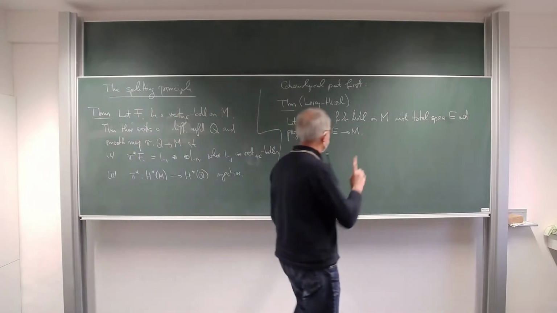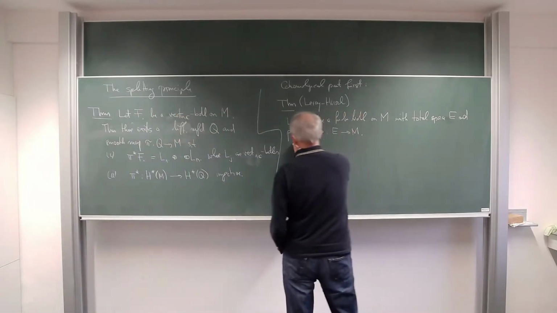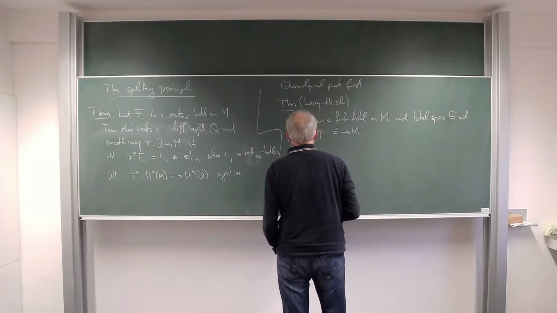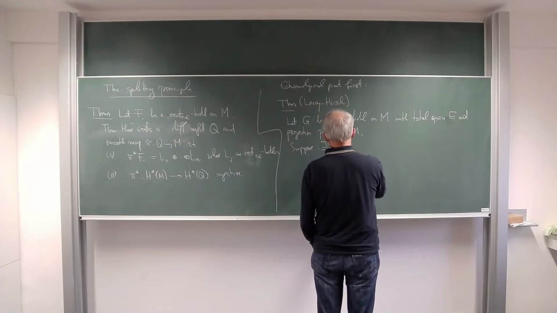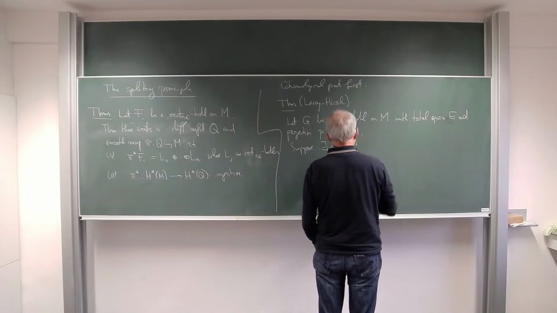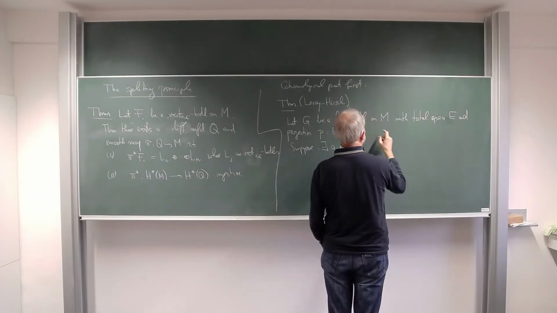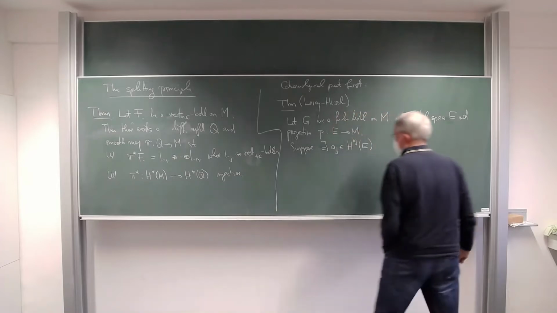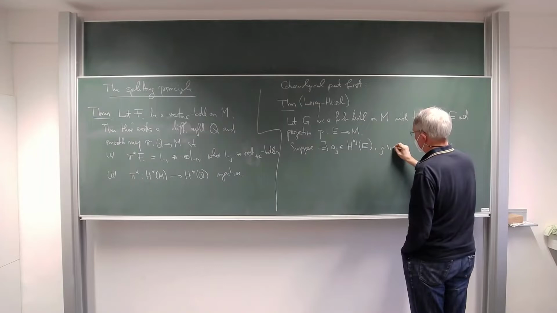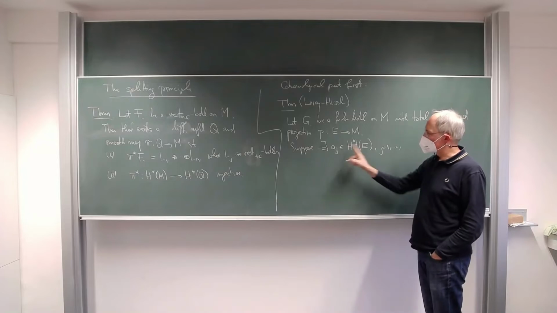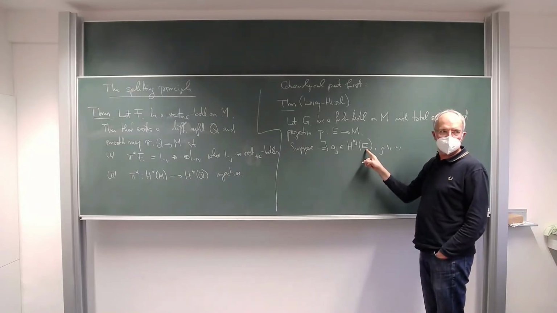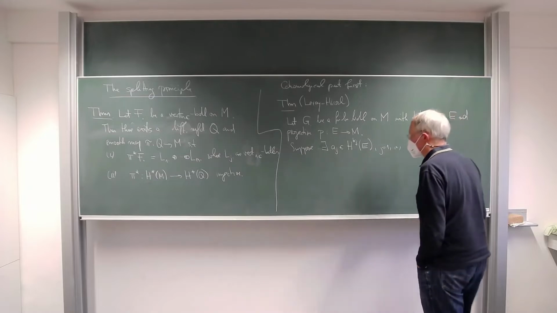And now the assumption is, suppose that there exist cohomology classes A_j in H^{a_j} of the total space, j running from 1 to n, let's say, such that whenever I restrict the cohomology classes to a fiber, then these will be a basis of the cohomology of the fiber.